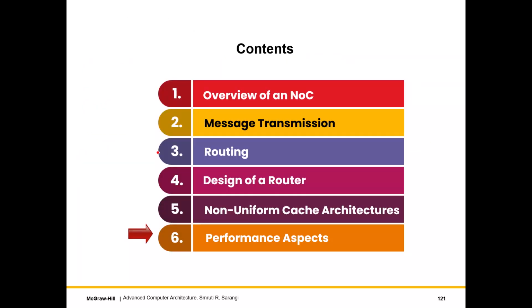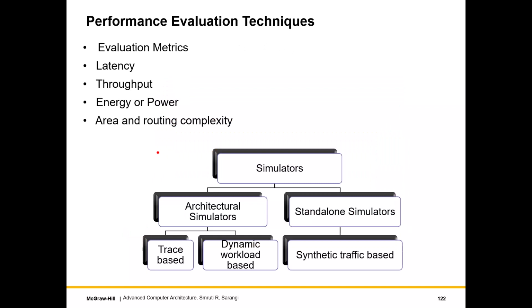So now we'll look at the last aspect of this chapter, which is performance analysis. How do you evaluate the performance of a network, right? Network means not just the network, it is the topology of the network, the routing protocols, what kind of protocols you use.